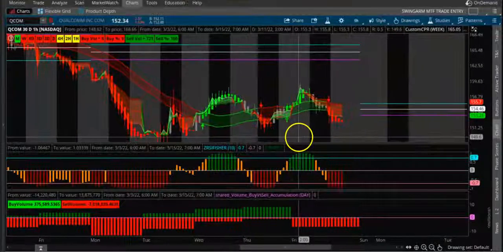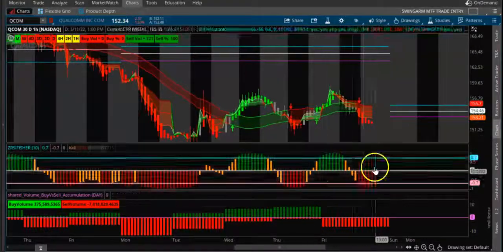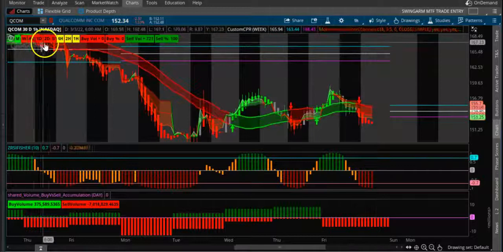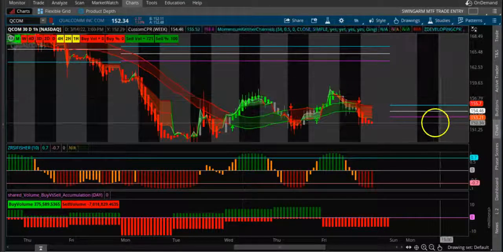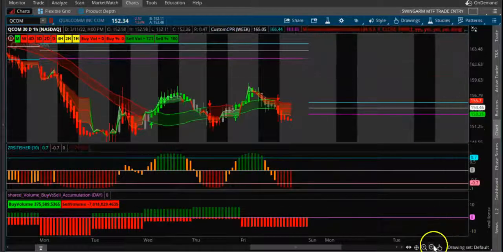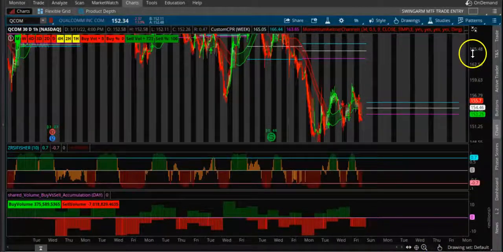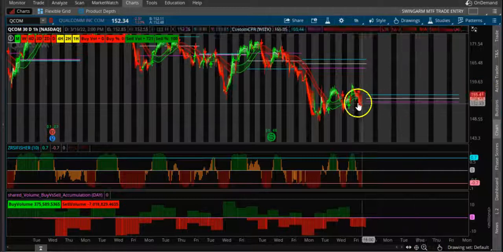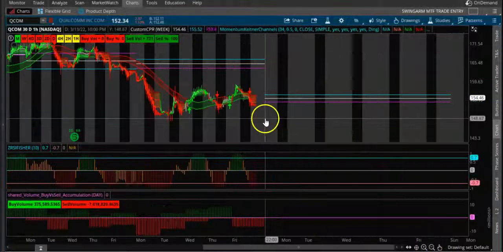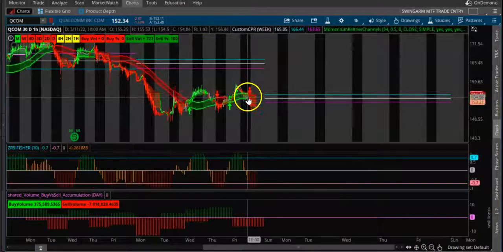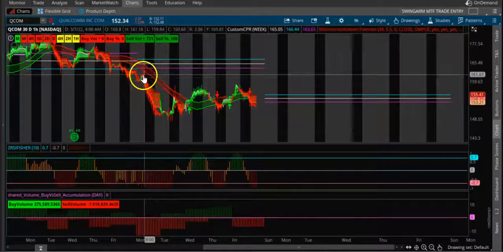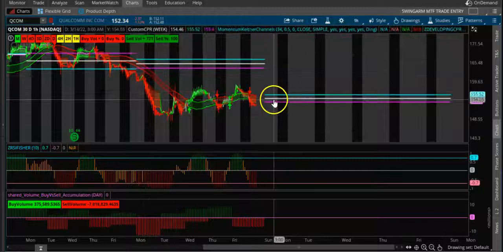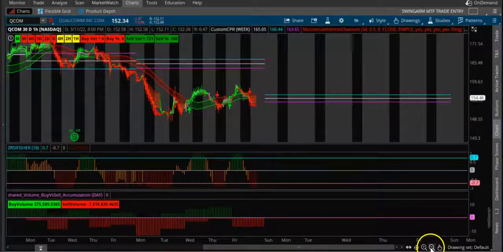Okay, so here QCOM is a similar situation where you have a downtrend, RSI downtrending. Monthly is green, but everything else is red. You see the CPR is coming down, and there's an arrow to downtrending. As soon as you see a candle down below the CPR, first 1 hour, take the trade to the downside.